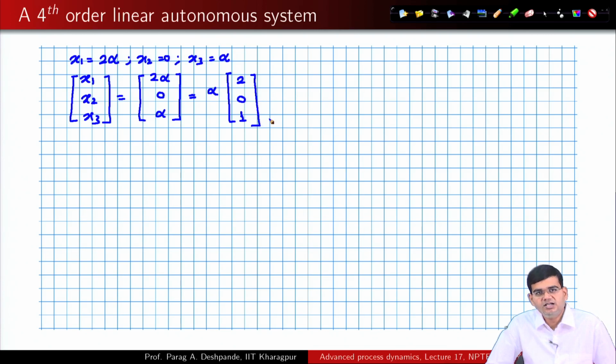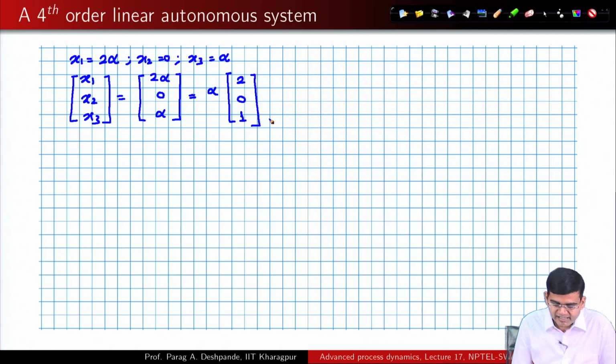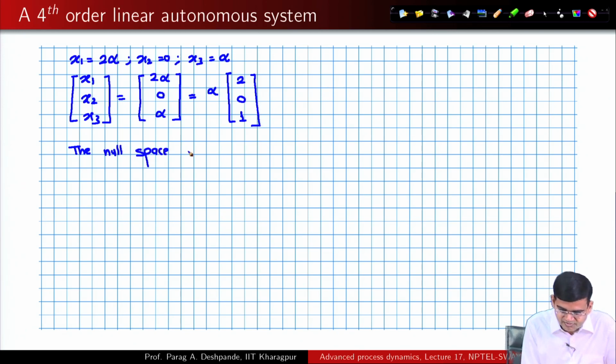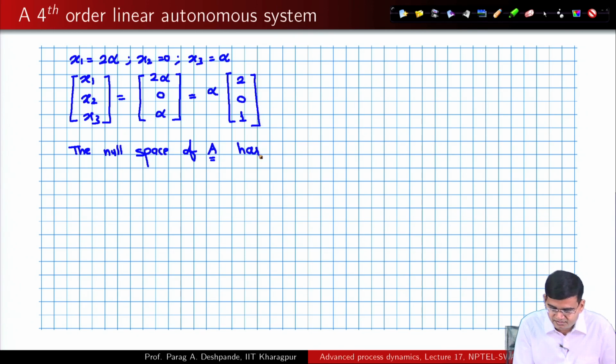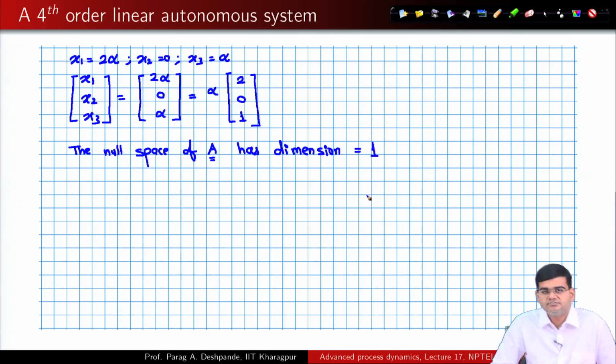So, what are some comments which I can write about this entire system? What I can write is that the null space of A has dimension which is equal to 1. How do I make this conclusion?